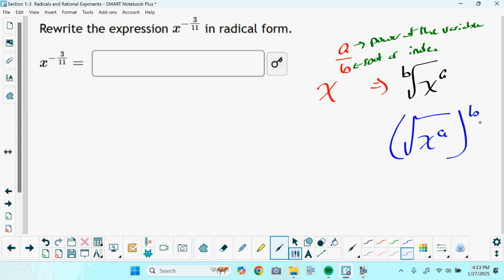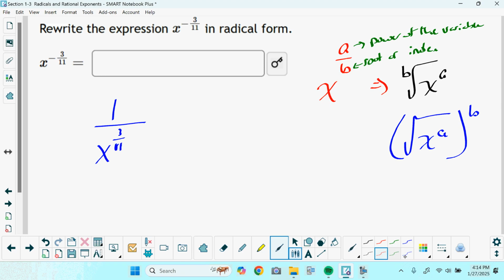If we look at this one, we have a negative power, and you know that if you have a negative power, it needs to move. If it's in the numerator, it needs to go to the denominator, and then it will become positive.